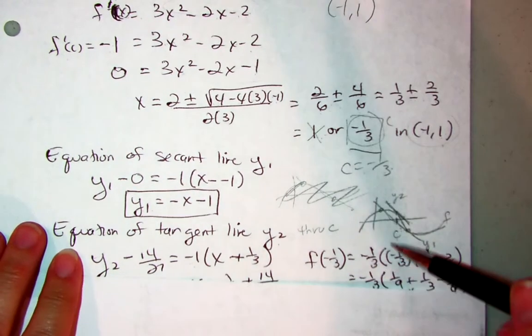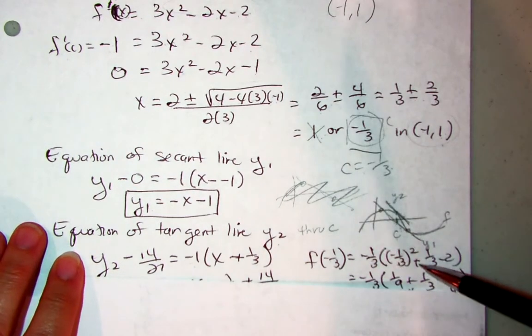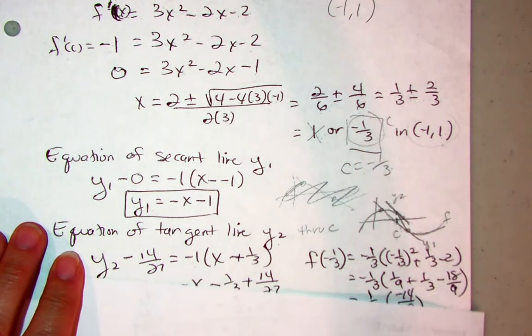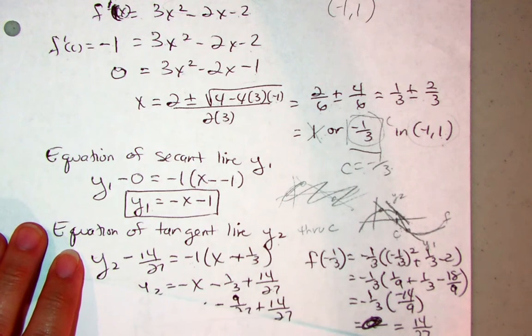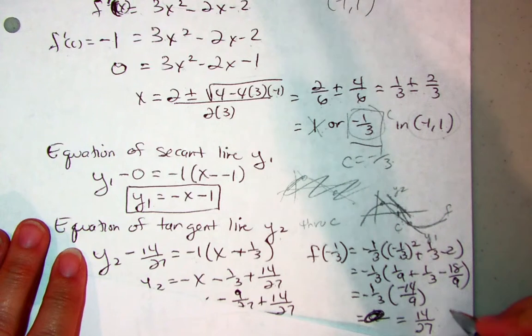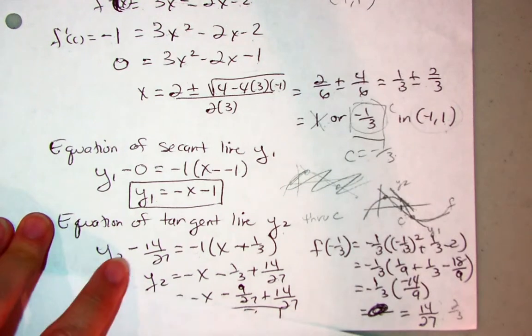So negative 1/3 times negative 1/3 quantity squared, minus is a plus 1/3 minus 2. You clean up all that math and you get 14 over 27. I don't know why I didn't clean that up. That's really 2/3. I apologize, I didn't clean that up.